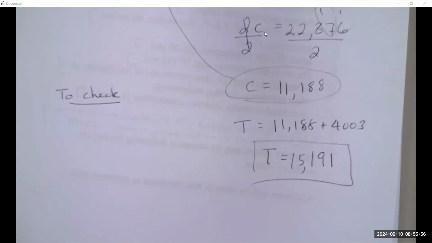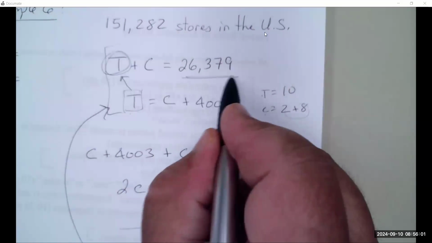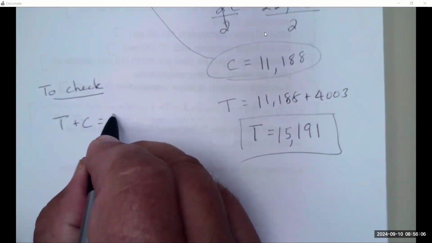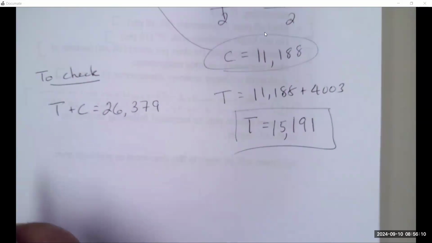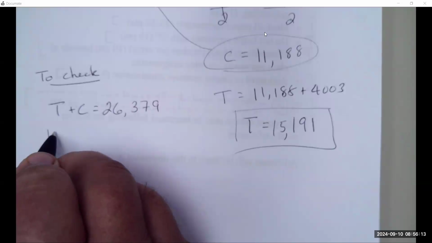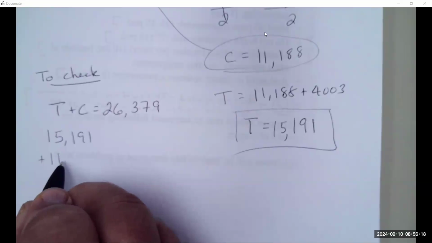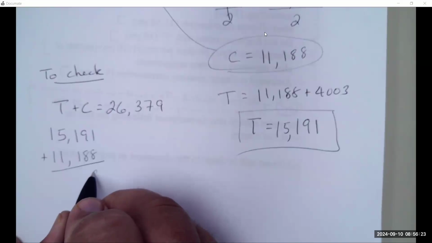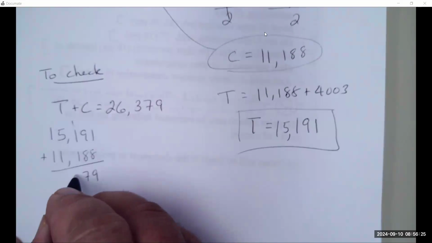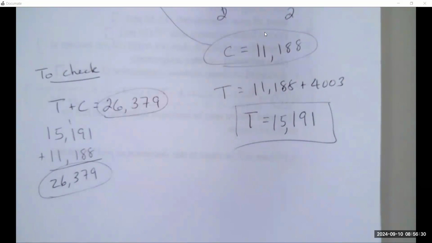To check, we have to make sure that T plus C equals 26,379. 15,191 plus 11,188. And they're equal.